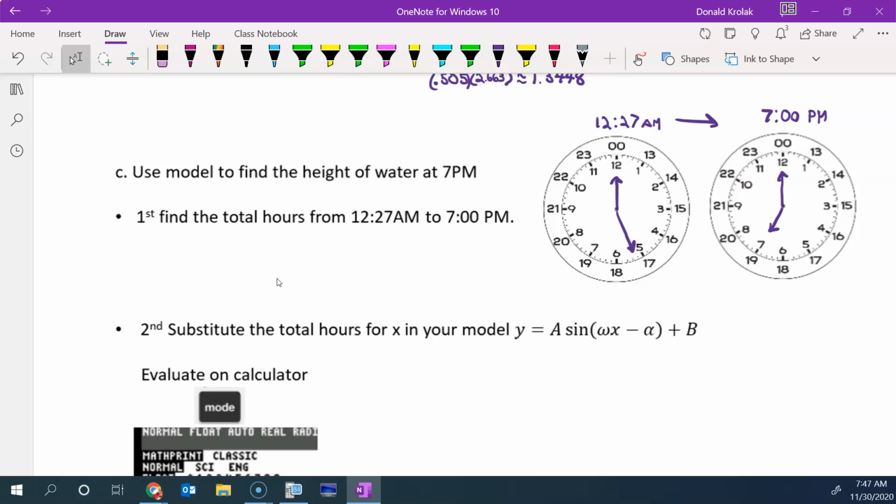Okay, so find out the elapsed time. How much time between these two amounts? How long? 16 hours and 33 minutes. Okay. Anyone else?